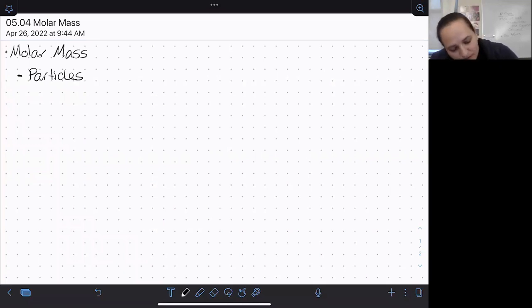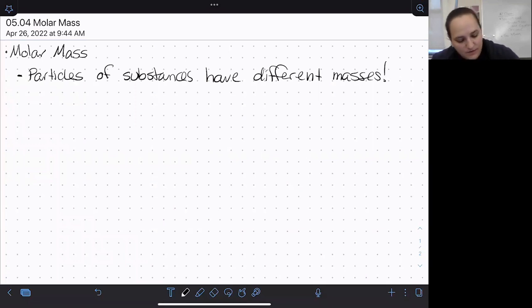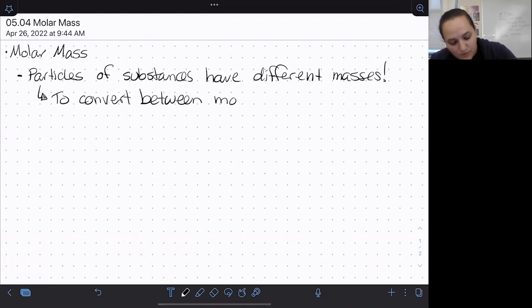So we know particles of different substances have different masses. So in order to convert between moles of something and the mass, we need to know how much 1 mole weighs.